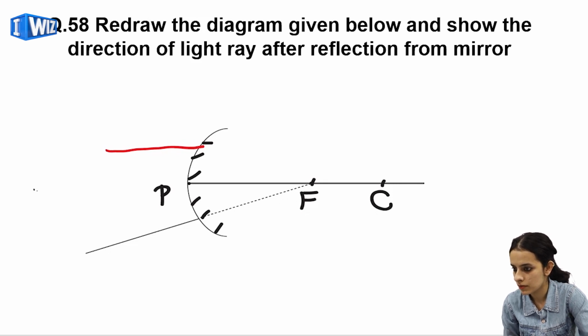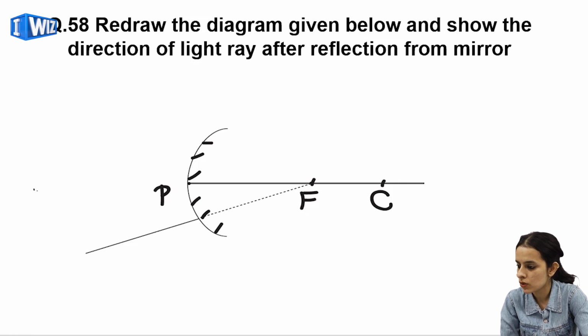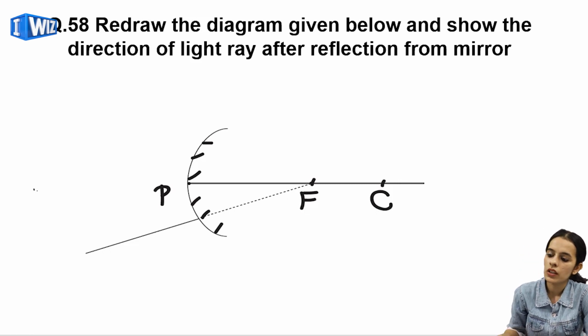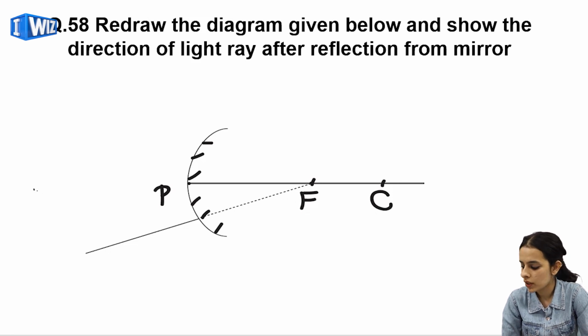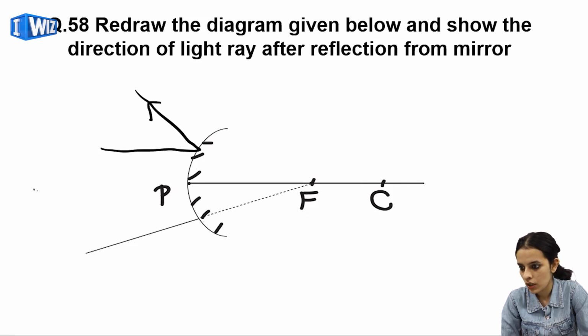So how will it meet? It's a convex mirror, so obviously it will diverge a ray of light falling on it. So we will meet it like this, and after striking it will diverge. And where will it meet? It will always meet at the focus.